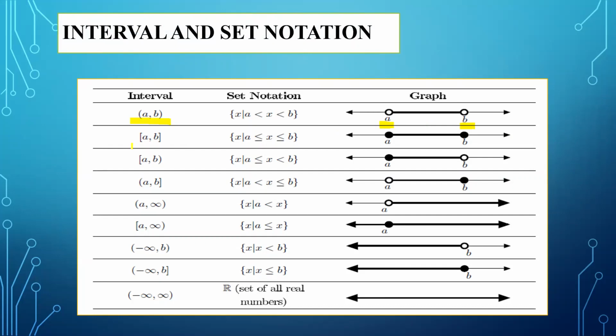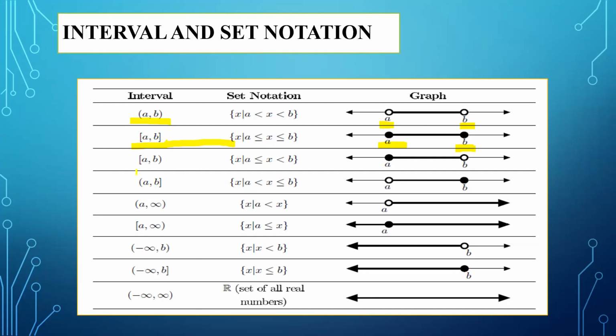Next, we have the interval [a, b], or a closed interval. Here, it is all numbers from a to b, and a and b are included. That's why it is called a closed interval.